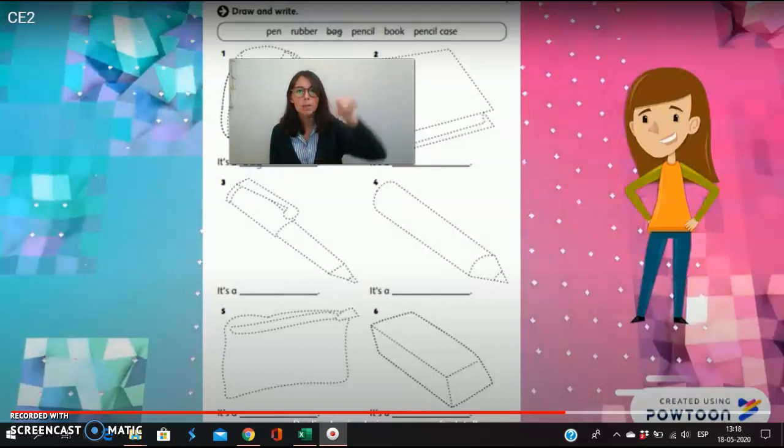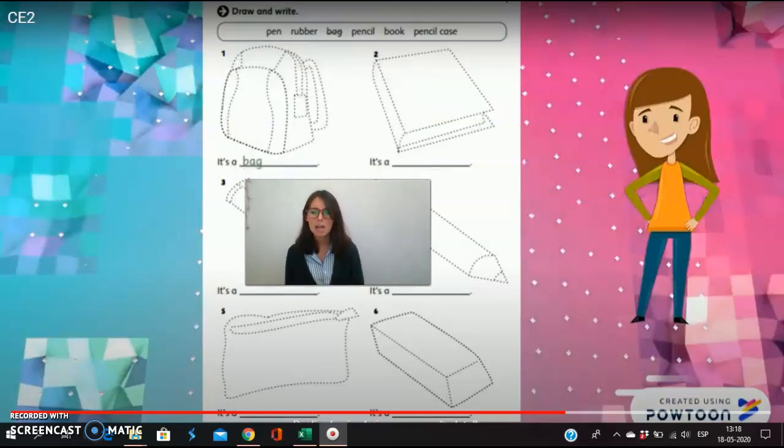And number 4 here. What's number 4? A pen, a rubber, a pencil, a book, or a pencil case? How about number 5 over here? Is it a pen, a rubber, pencil, a book, or a pencil case? And this one over here, number 6. Is it a pen, a rubber, a bag, a pencil, a book, or a pencil case?